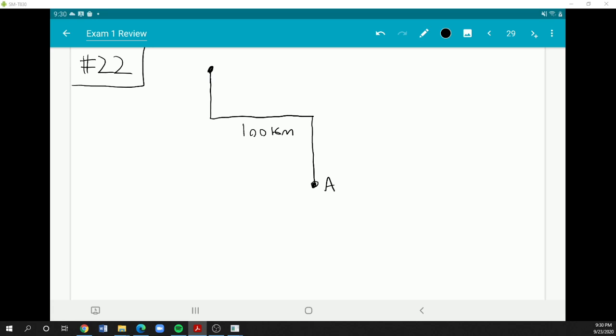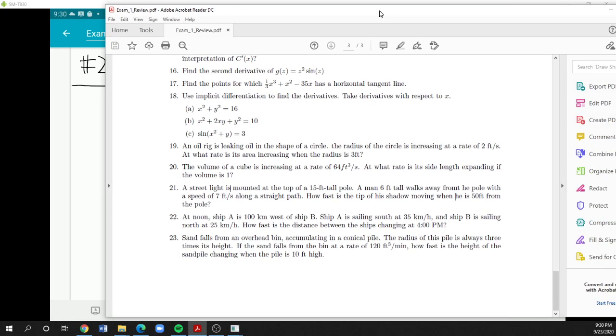So you might be wondering, well, I'll write these down. 35 kilometers per hour, 25 kilometers per hour. And I want to know how fast is the distance between the ships changing at 4 p.m. I don't know if I flashed this up yet, but in case you wanted to read it, there it is.